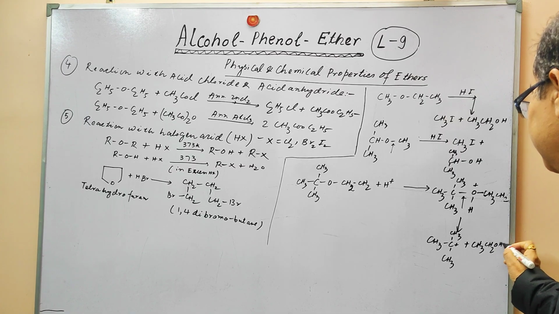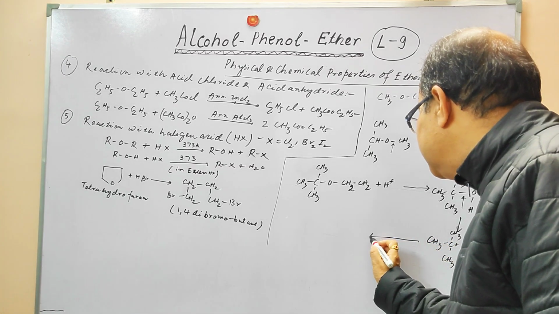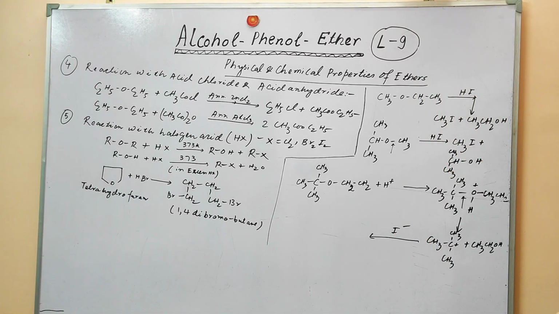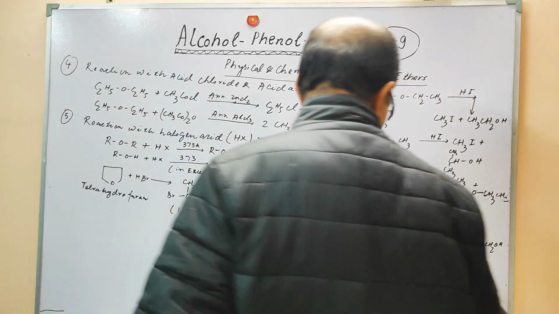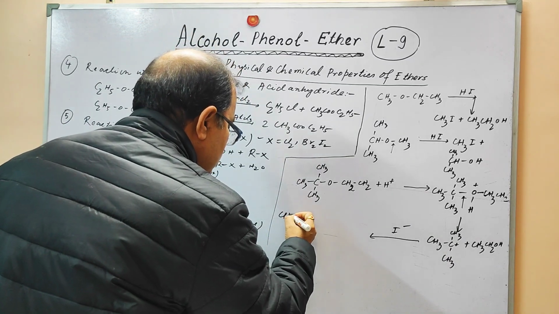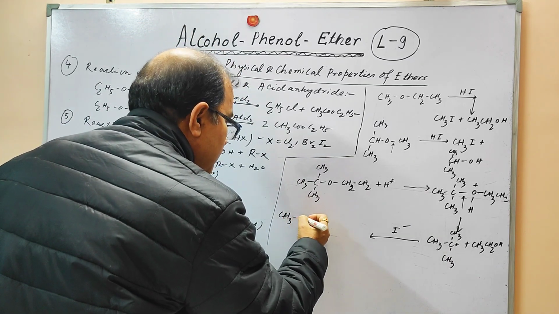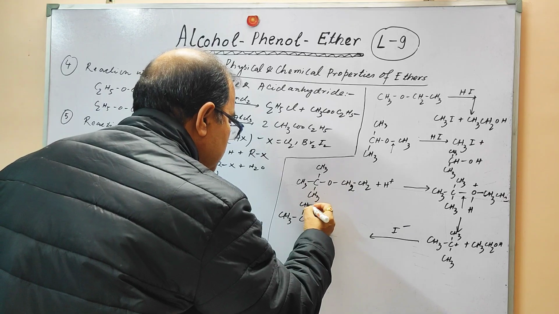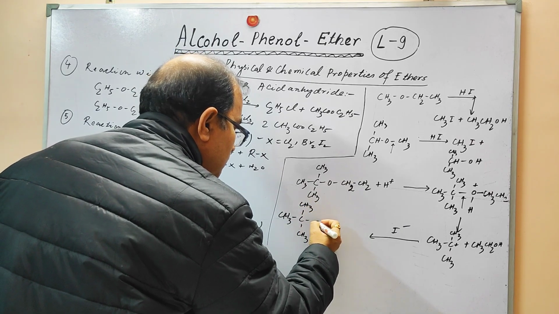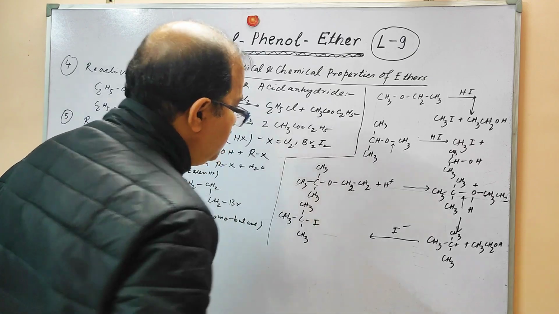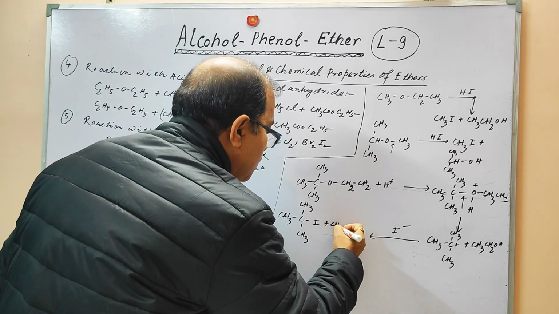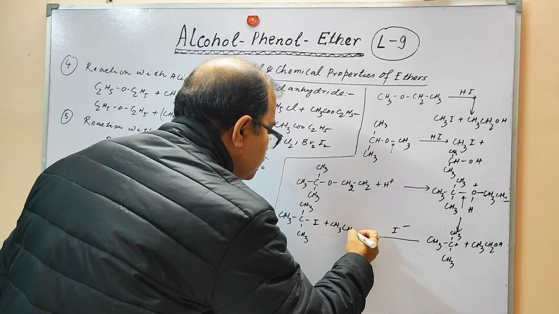After that, the nucleophile, iodide ion, will attach to this, and tertiary butyl iodide will be produced, and along with this ethyl alcohol will be produced.